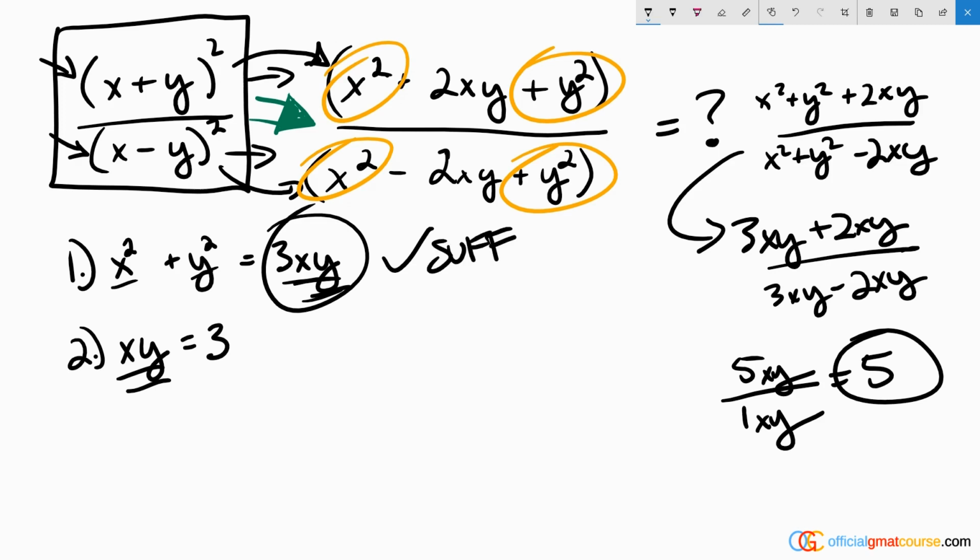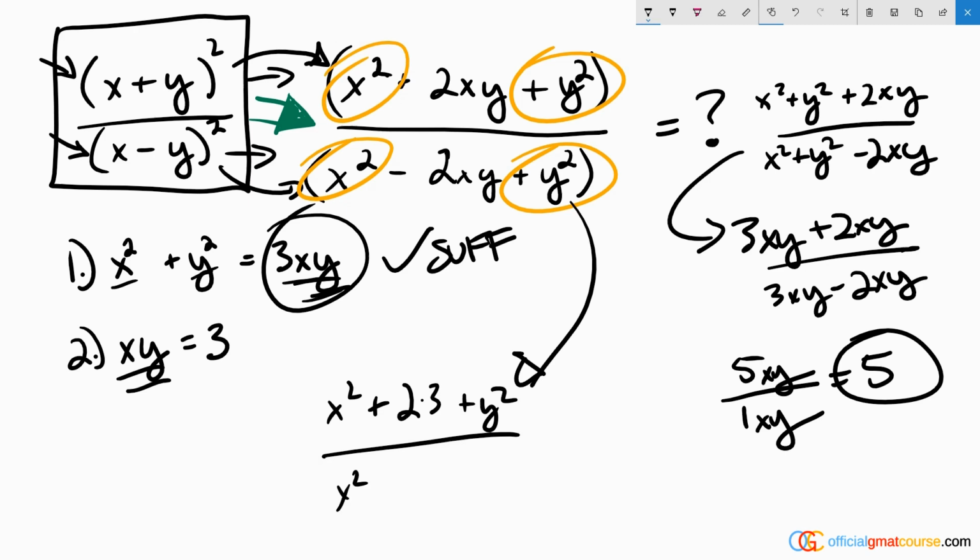And statement 2, which says xy equals 3, well, if we did the same thing and took this formula down here, we'd have x squared plus 2 times 3 plus y squared over x squared minus 2 times 3 plus y squared.